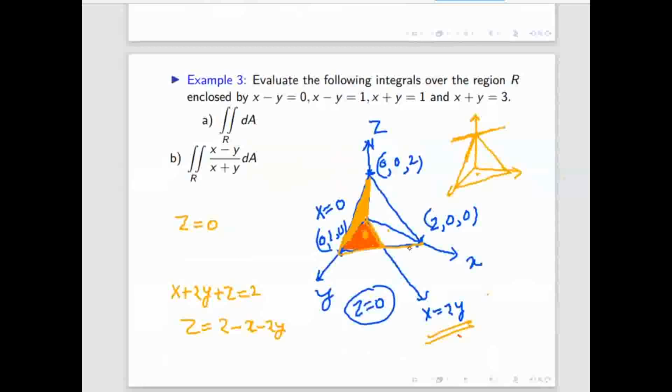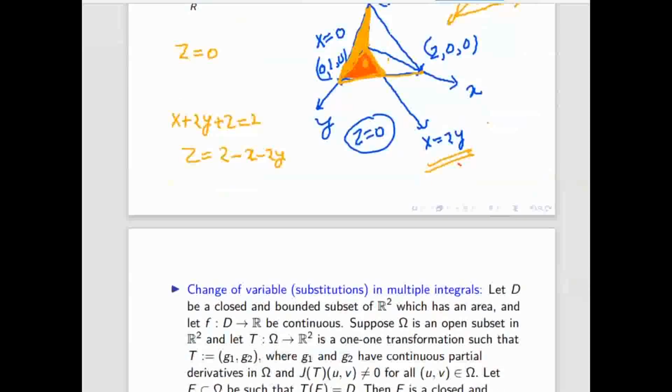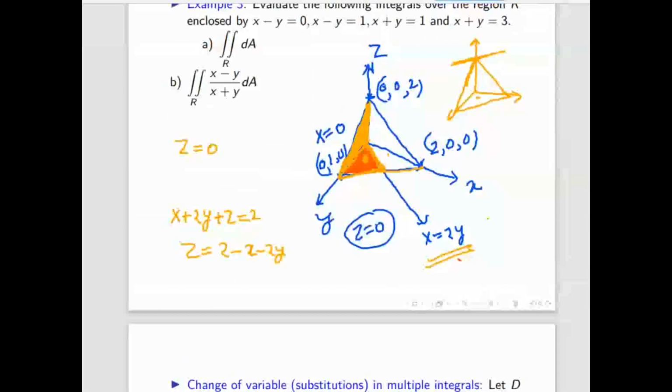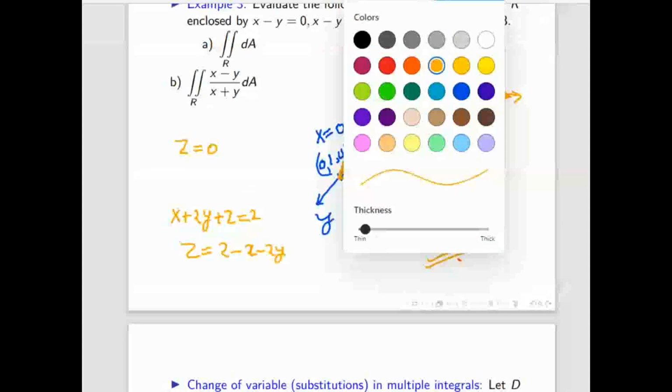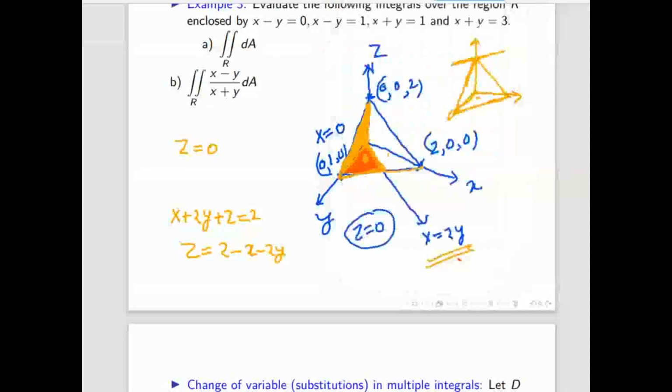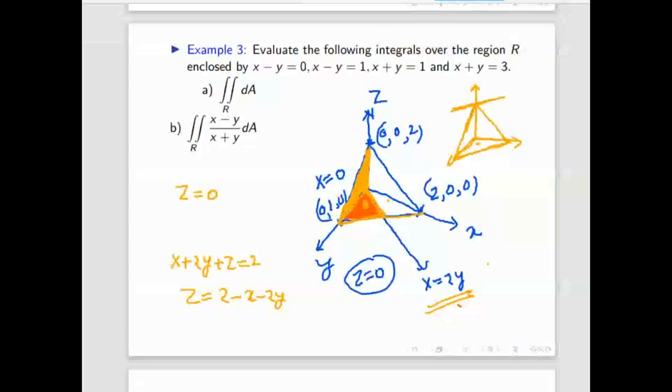So in the xy plane, this is the region, this red color. Now I will just draw this picture again for xy. You just come to the xy plane and then do the same thing. So now I'm coming to the xy limit, so I will draw this picture. This is the z axis.